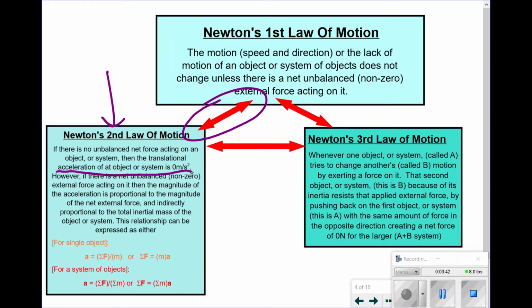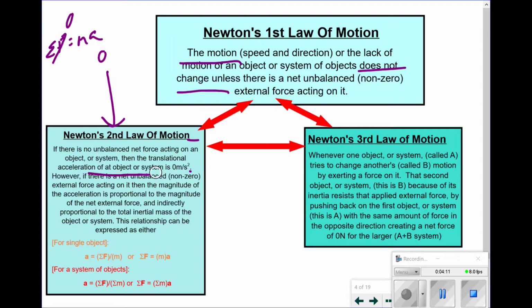That's kind of obvious, because if we just look at the equation, net force equals ma, if my net force is zero, the acceleration must be zero. And that's exactly what this statement here is saying in the first law, where if there is no outside force, then the motion of the object does not change.